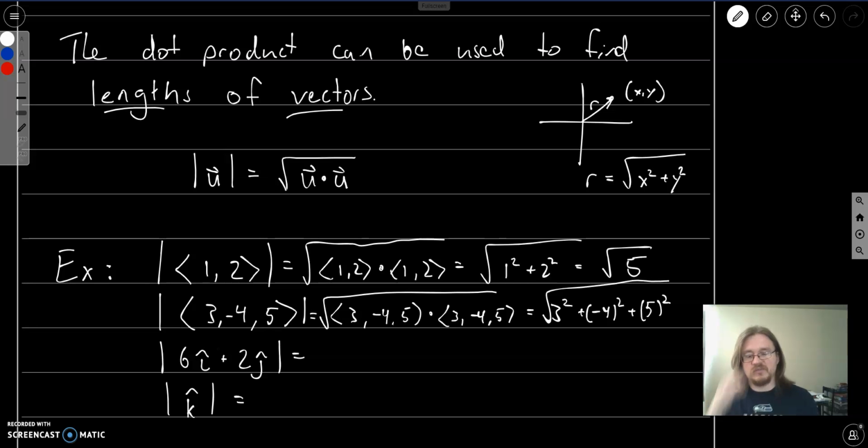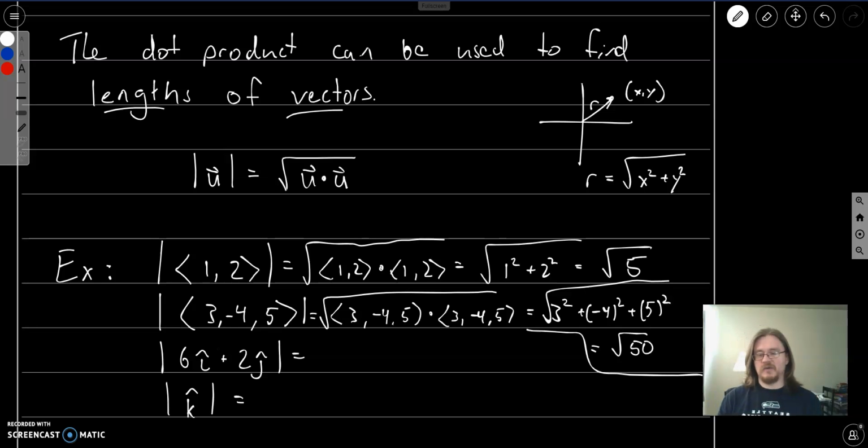When we're taking this dot product times itself, each of these coordinates match up, so we're going to take 3 times 3, negative 4 times negative 4, and 5 times 5. So 3 squared is 9, negative 4 squared is 16, so I add to 25. 5 squared is 25, so all of that is the square root of 50. I ran out of room there.